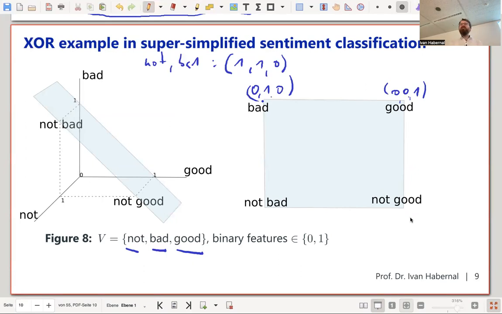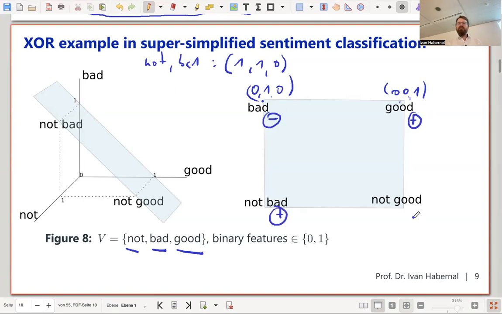Now we have the problem. If you want to classify sentiment here as positive or negative, can you draw a line in between that will separate the positive things, so bad and not good, from not bad and good, because these carry the same meaning? So can you make a line here that separates positive from negative? This is positive, positive.